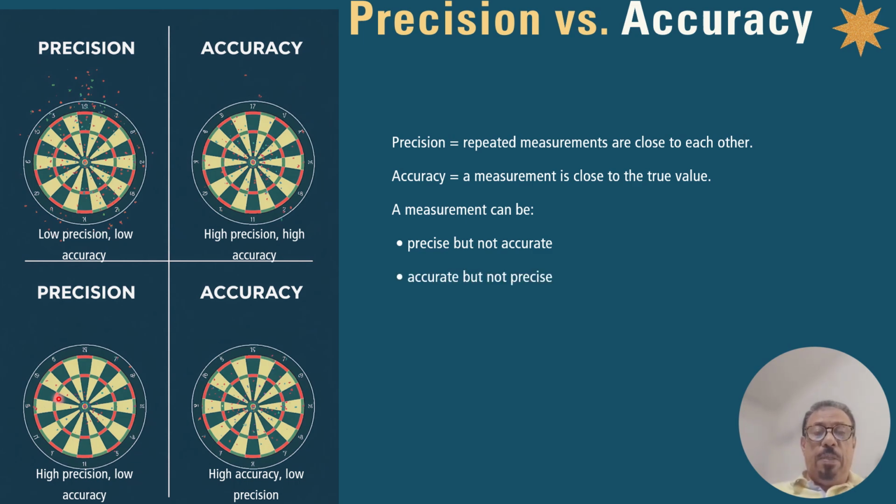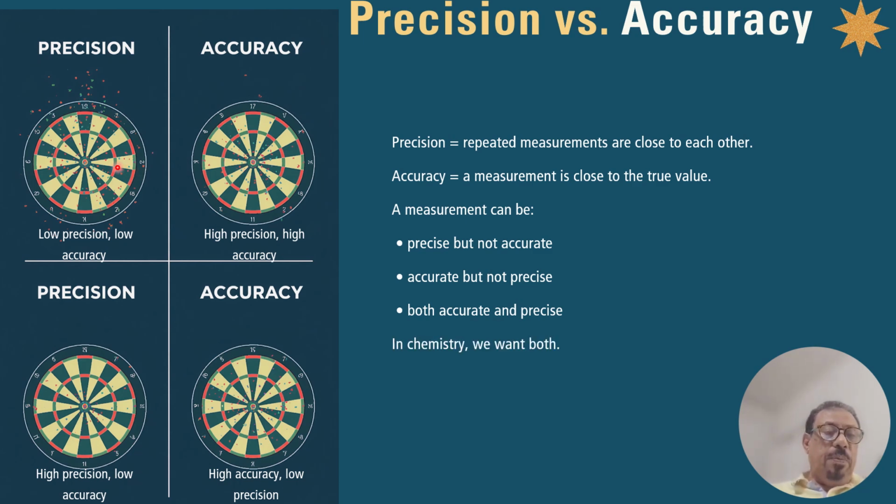The other example is accurate but not precise: high accuracy, low precision. They are not hitting the target exactly. It is maybe in the second circle, but they are not the same value. Both accurate and precise, yes: all the arrows hit the target and to the point.